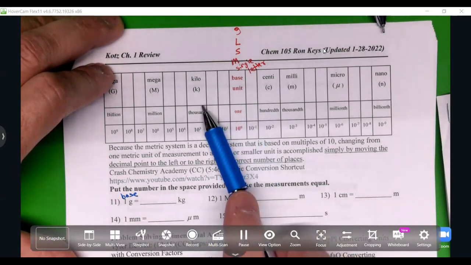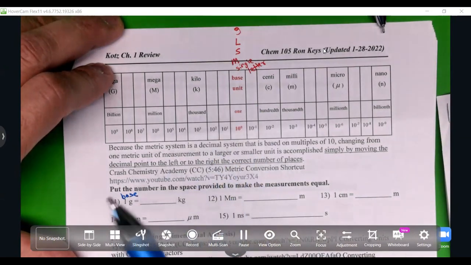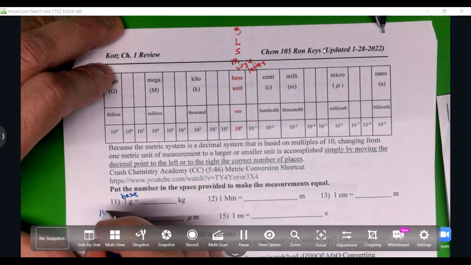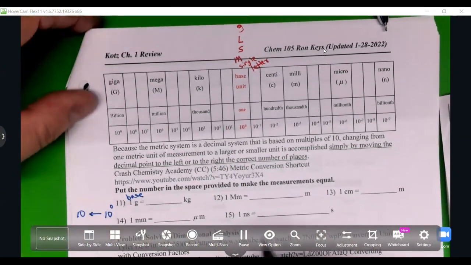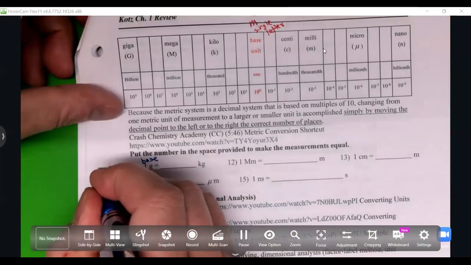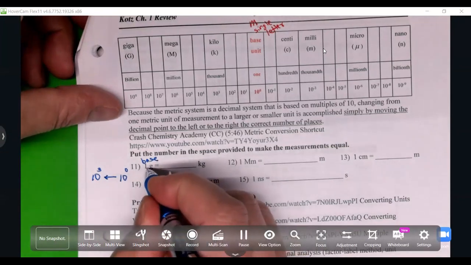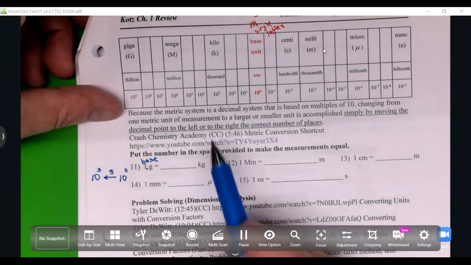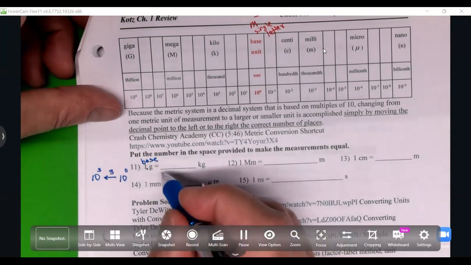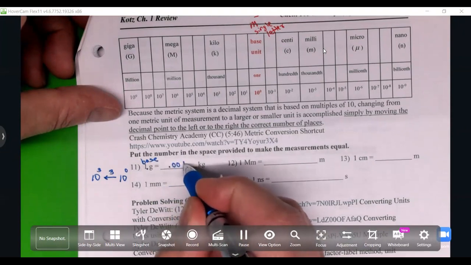Just on the chart. 10 to the 0 left to 10 to the third. Or I just move my decimal point 3 to the left, the same as what the chart is. So if I move my decimal point 3 to the left, I am going to get 0.001.